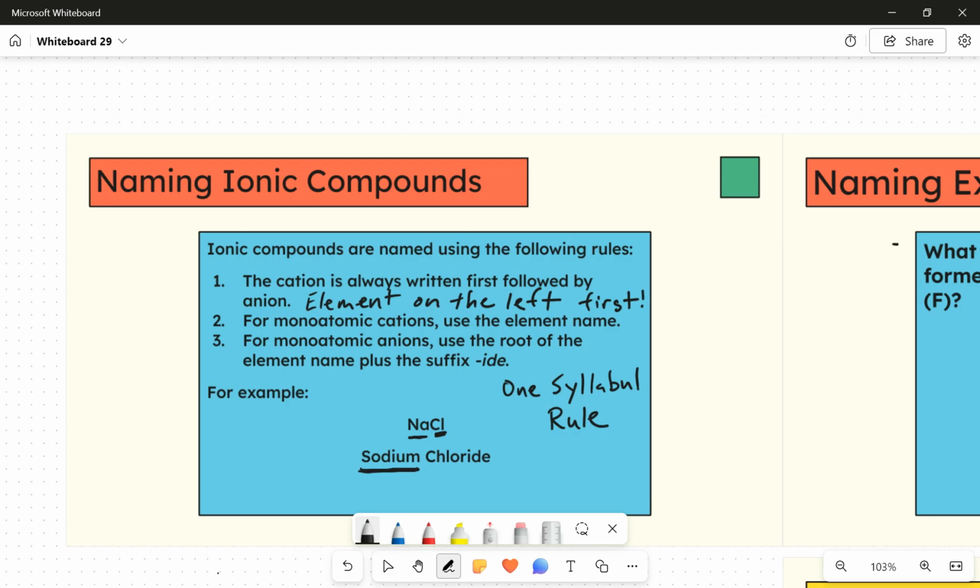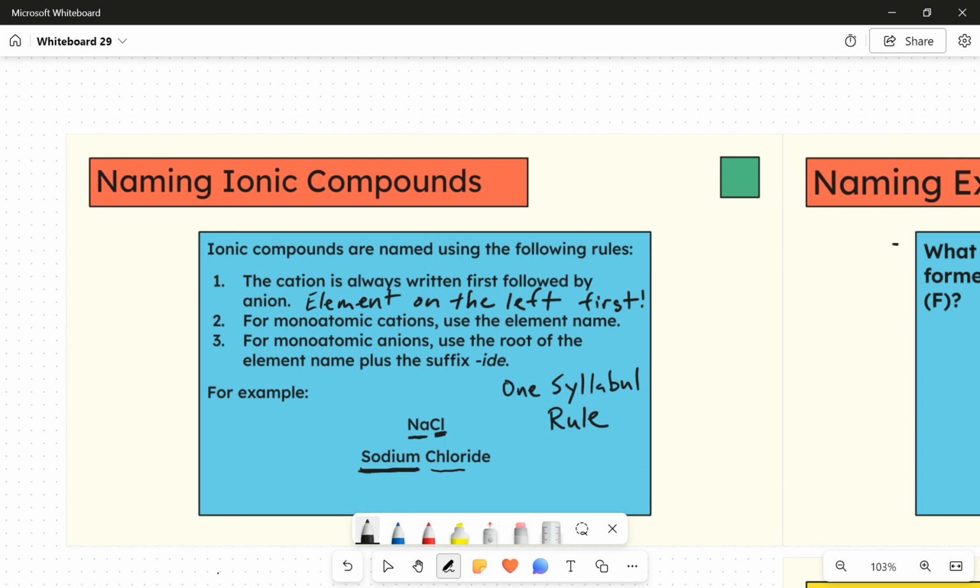You save the first syllable, the chlor part, but all the rest of it you ignore, and you just add -ide at the end. So chlorine becomes chloride. You can see the first syllable right here and then the -ide form after that.